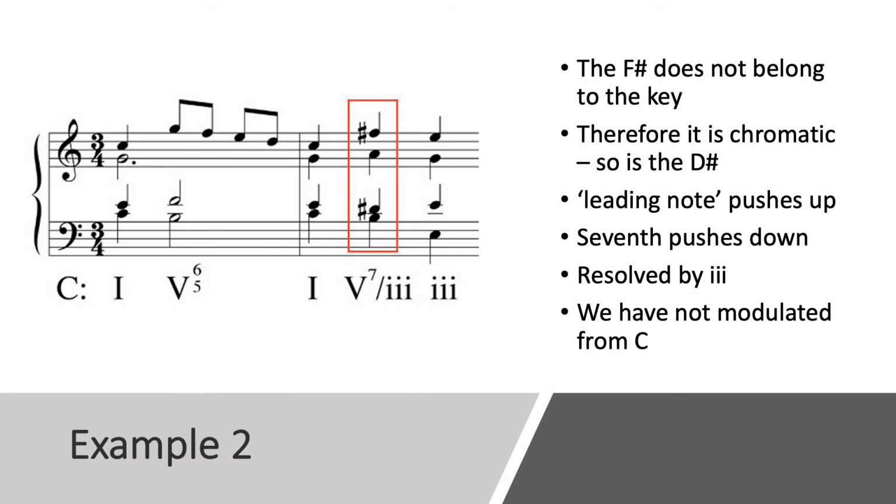It's pushing up to the E. The 7th, which is the A, is pushing down by step to the 3rd of the E minor chord. So the 5-7 of 3 is resolved by going to 3. We haven't modulated from C. We've just introduced this F sharp and D sharp chromatically and we've done it with this secondary dominant progression in order for it to make sense.